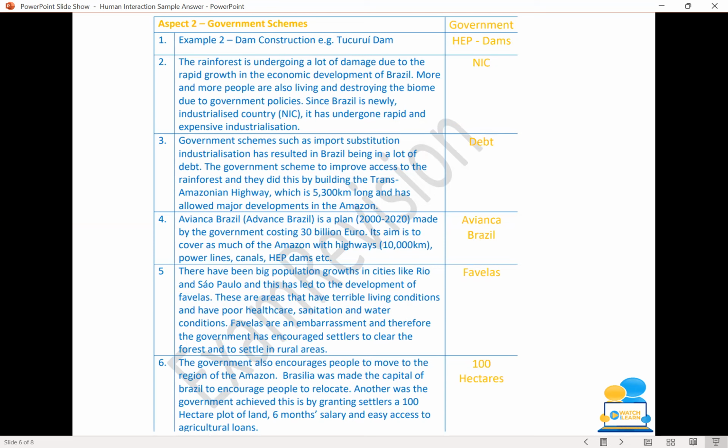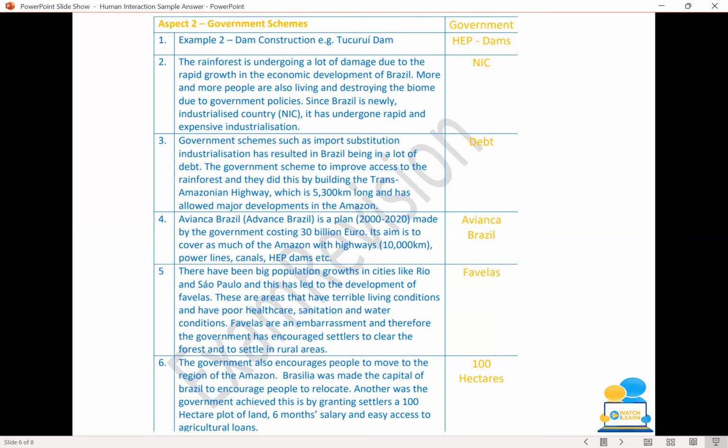So we've now got the government's debt. Government schemes such as import substitution industrialization have resulted in Brazil being in a lot of debt. There was also a government scheme to improve access to the rainforest, and they did this by building the Trans-Amazonian Highway, which is 5,300 kilometers long and has allowed major developments in the Amazon.